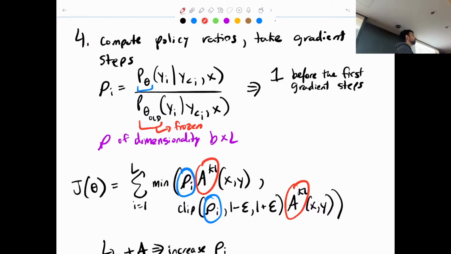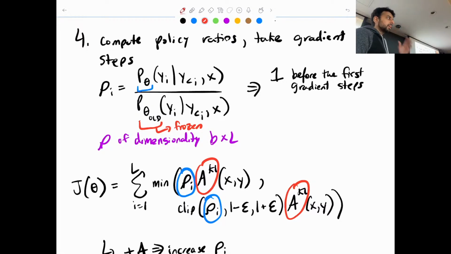What was the point of putting in the minimum between the clipped value and the actual? So the question is, what is the point of doing this minimum of the clipped and unclipped objective? In the last class, we went over all of the different cases here, but the high-level idea is that we do not want to make updates past some threshold of the policy ratio.